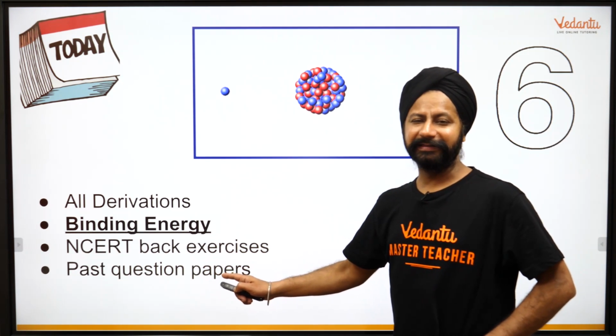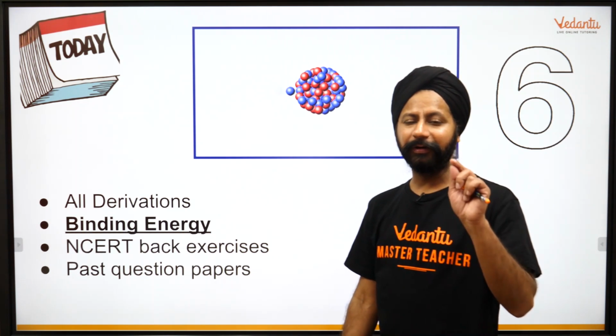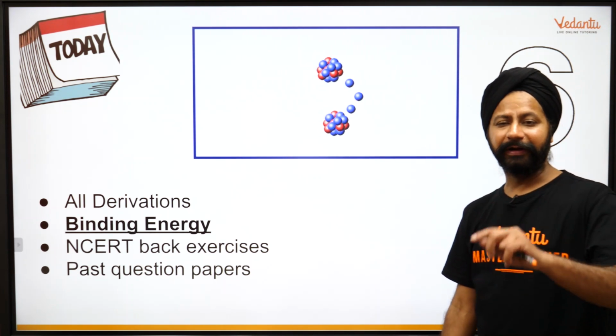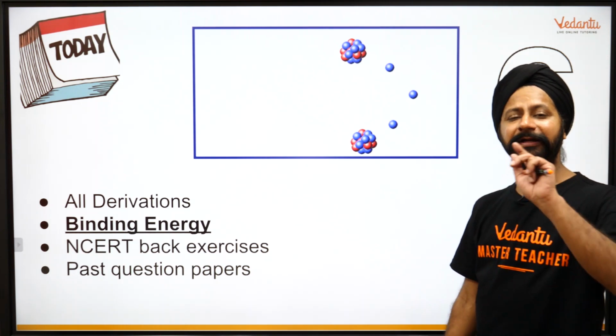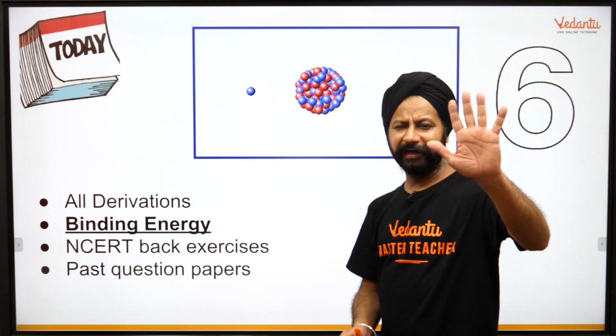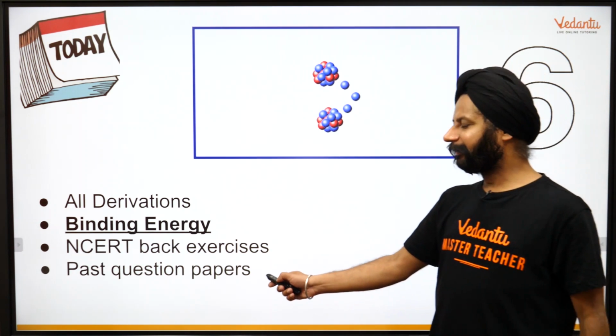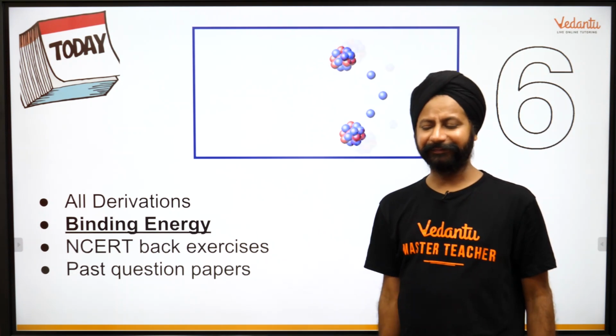NCERT back exercises, all the questions including additional questions have to be done without any help from solutions. You can refer to the solutions once in a while, but try to completely do them yourself. Past 5, at least 5-year question papers are a must. Download the papers from the Vedantu website.